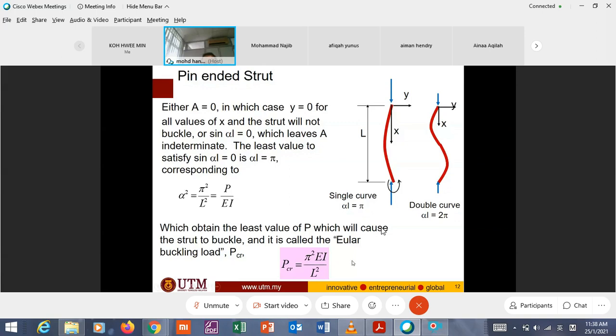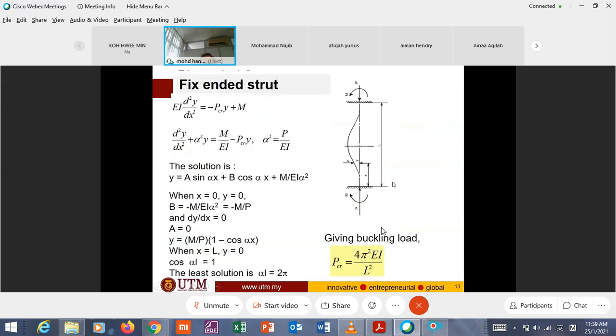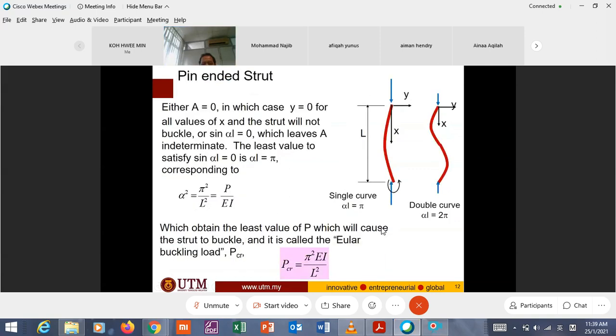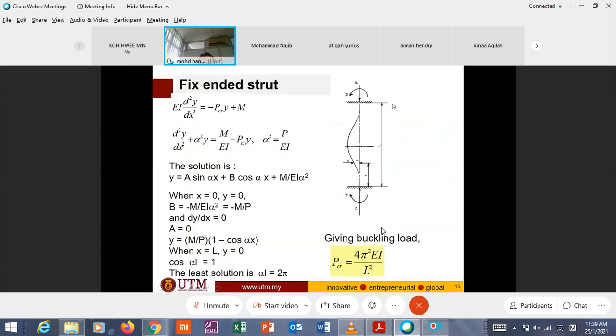And this is what I mean by single curve and double curve. For this derivation, we use this first assumption, single curve. So this derivation is for pin here. What about fixed?